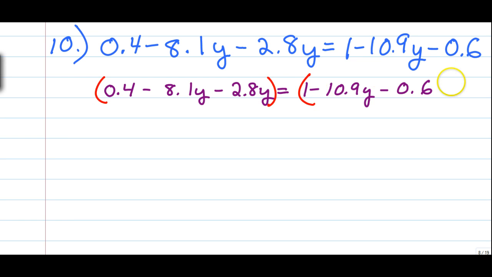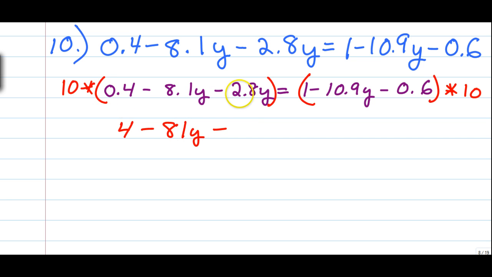So we'll come back in here and we're going to be sure to distribute a 10 to each of the individual terms. So we'll distribute that 10 to the 0.4. That means that the decimal place just moves over 1. So this results in a 4. Minus, now we'll distribute that 10 to the 8.1. Moving the decimal place over 1 place results in an 81y.